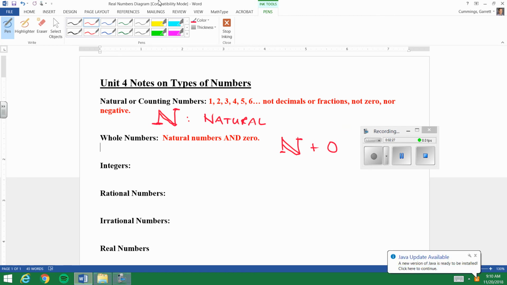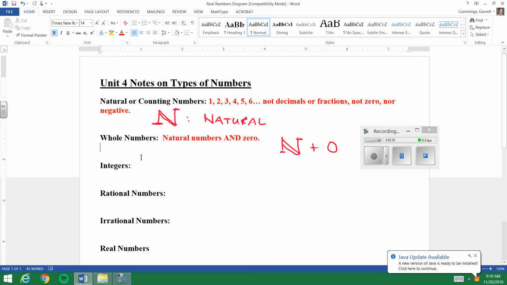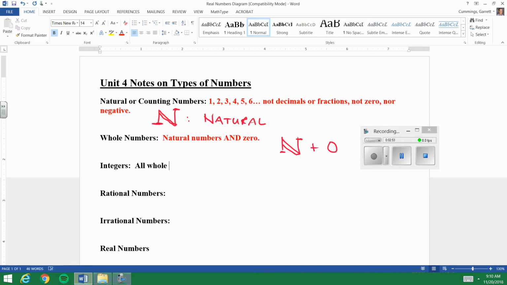Okay? Let's go back to the beginning of the year. The very first unit was called integers and the order of operations. So if you remember, the very first thing that we started doing this year was adding, subtracting, multiplying, and dividing, and using exponents with positive and negative numbers. So the definition for integers, or at least our working definition, is all whole numbers and their opposites.